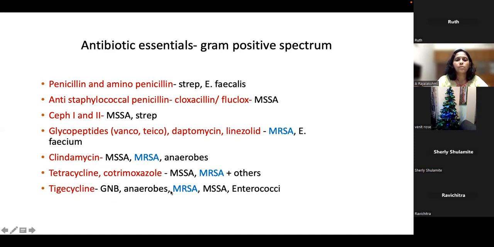It is a reserved drug for gram-negative organisms, and it does cover some anaerobes, but it also has cover for MSSA, MRSA, and Enterococci. So if you look at the MRSA cover, it is largely from glycopeptides, daptomycin, that is a lipopeptide, and linezolid. Clindamycin, tetracycline, and cotrimoxazole are good oral options for MRSA.